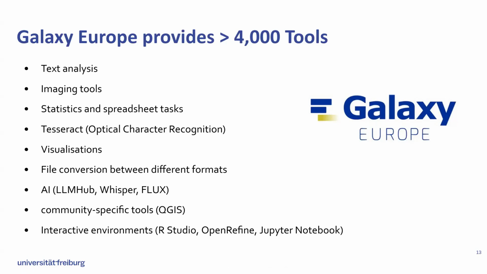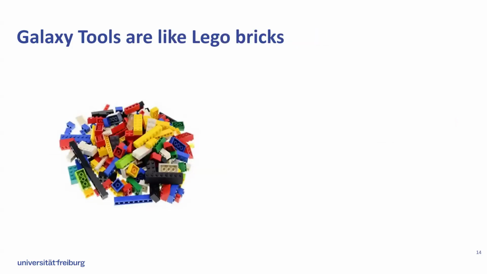We also have community-specific tools, for example, QGIS for mapping, but also interactive environments like RStudio, OpenRefine, or Jupyter Notebooks, if you want to interactively work with your data, or maybe you know how to code and you don't want to lose what you already have or what you're already working on, that you can just integrate also within Galaxy.